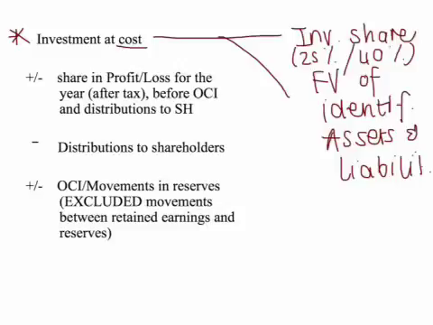Now, we might see that the identifiable assets and liabilities in the associate are valued at their carrying amount, which might not agree to the fair value of those items. That might be the case for all of the assets and liabilities or for only some of them.